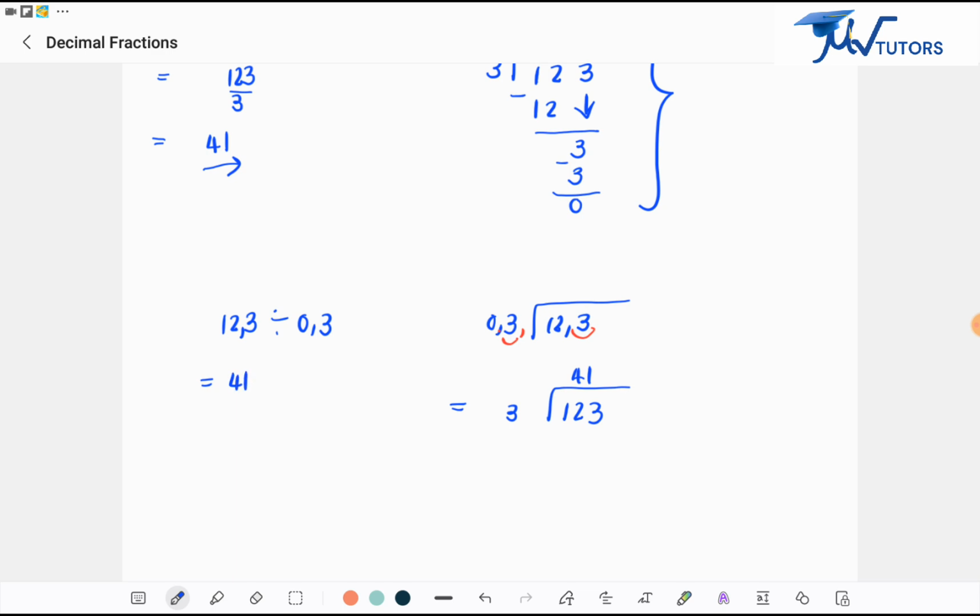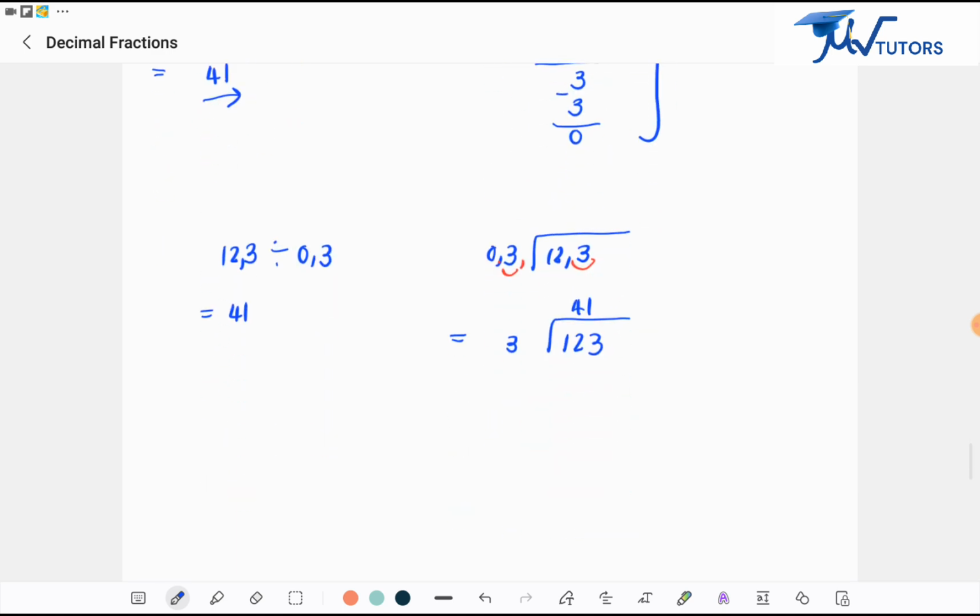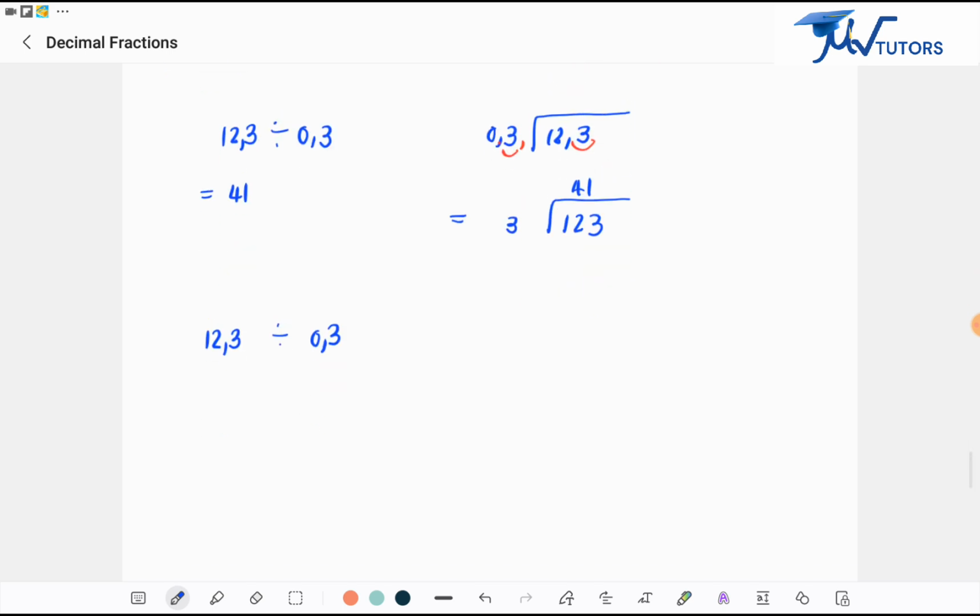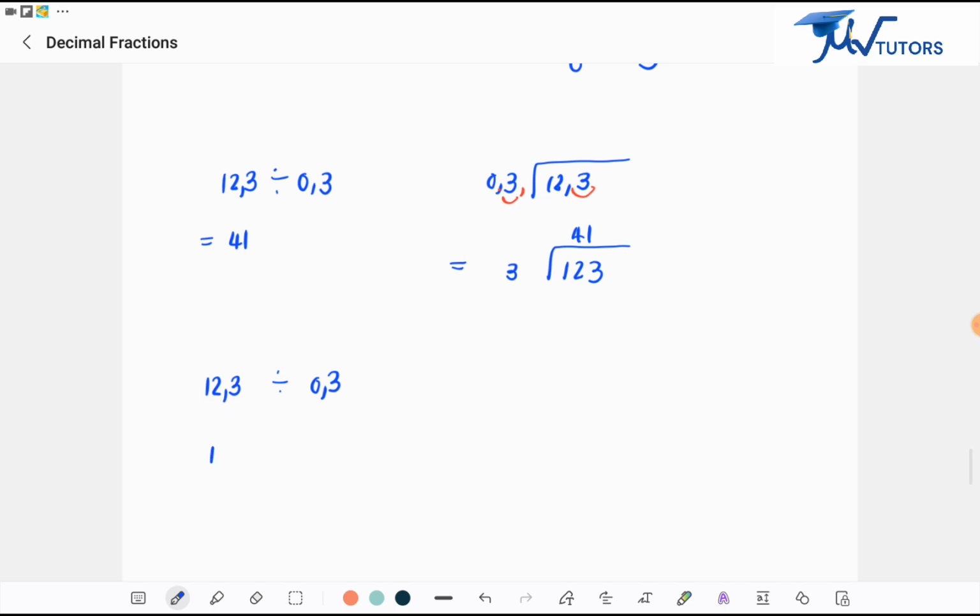Okay, another way that you could have done it, which I feel like is still the same way. So we can say we have 12,3 divided by 0,3. I could have written it as a common fraction, okay, which is 123 divided by 10. And I could basically do the inverse.